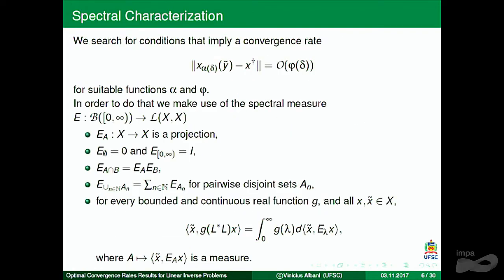So what we want to do here is to state sufficient conditions to imply this convergence rate, in terms of some function phi. Phi is some abstract function. And there are a lot of different convergence rates. The most common are phi with the so-called Hölder decay.